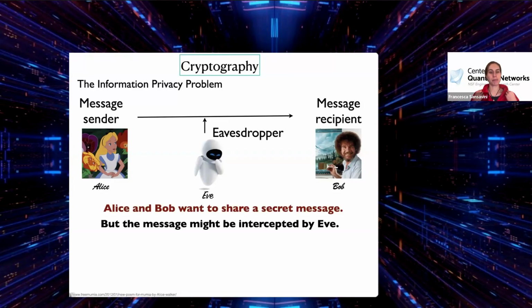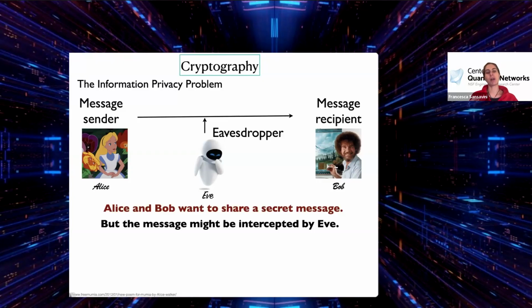We have a message sender, which we identify as Alice, and a message receiver, which is Bob. We have our communication channel. We have seen that our communication channel is impacted by noise. But in this case, it is also impacted by somebody that listens to our communication. We are going to call this an eavesdropper, which we typically indicate by Eve in these cryptography problems.